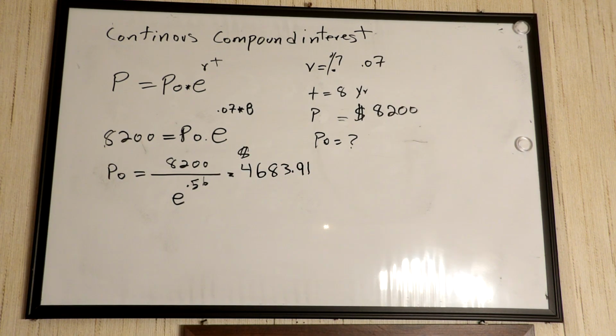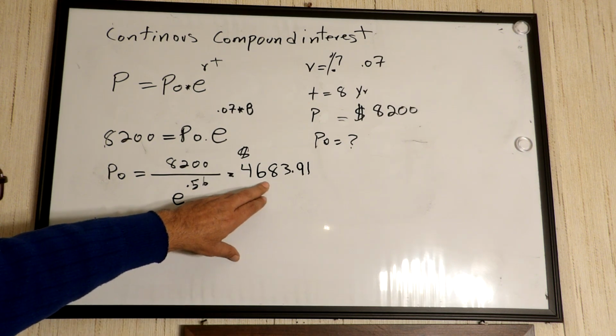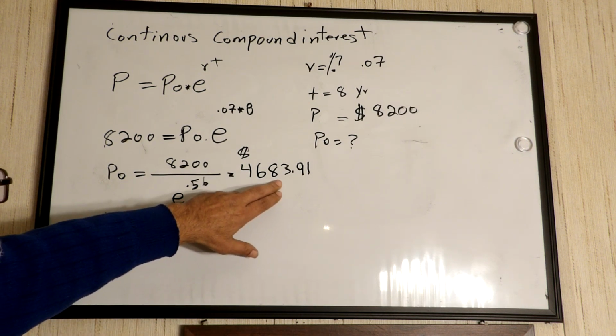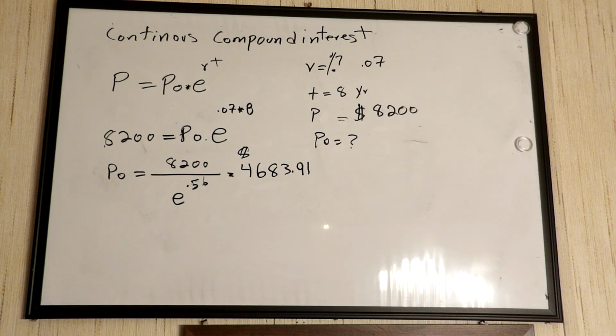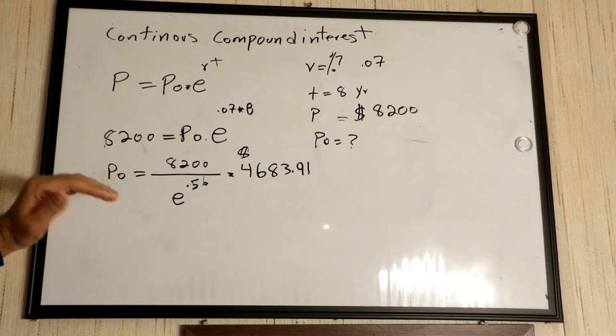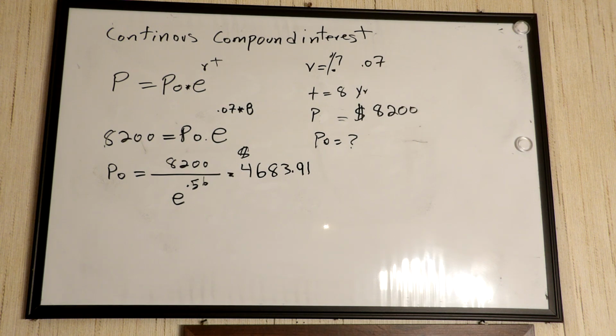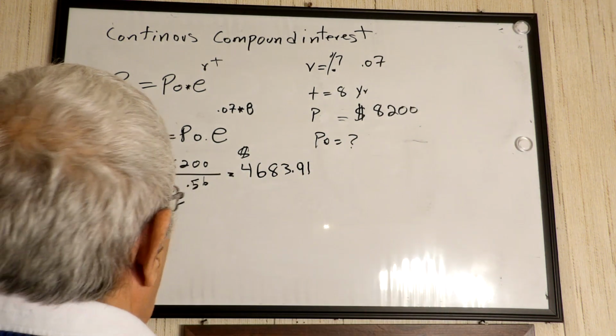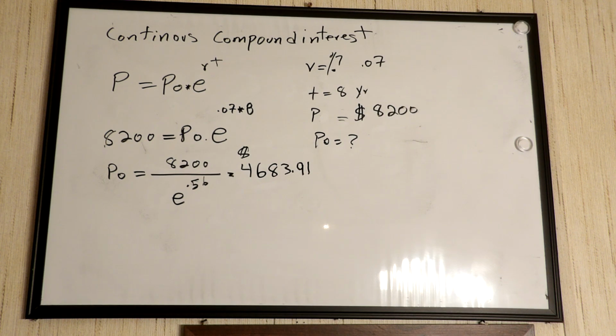You should invest $4,683.91 now, and after 8 years with the interest rate of 7%, you will get 8,200.